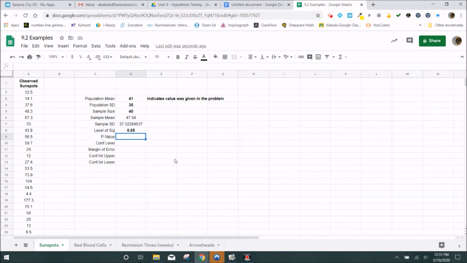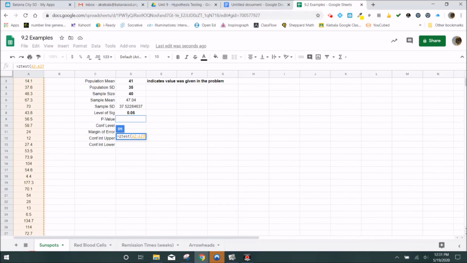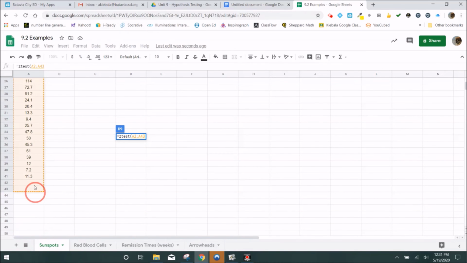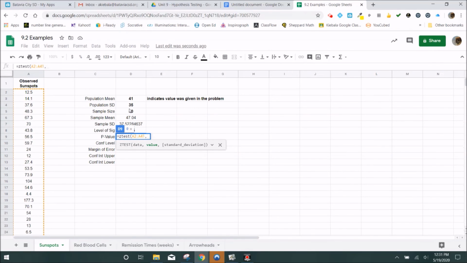All right, p-value. This is where we're going to do a z-test. We do a z-test here because we know what the population standard deviation is. So we're going to highlight our data first. Again, you could type it in A2 to A41. Then comma. Now the value we're going to test that against is the population mean.